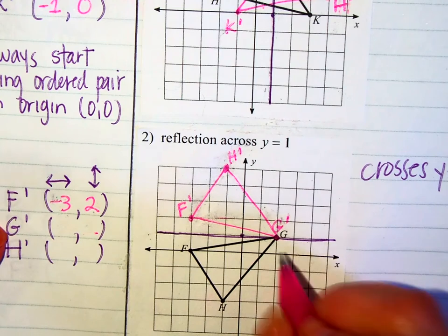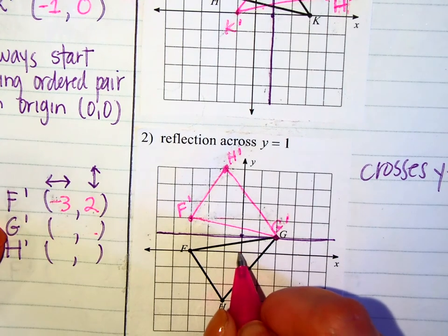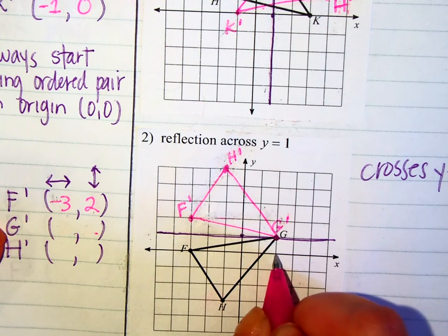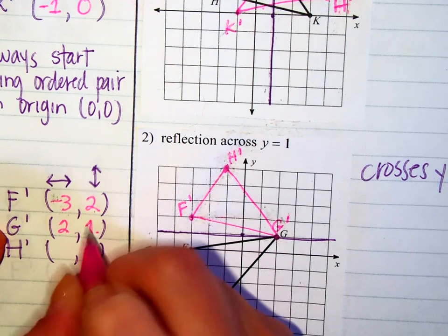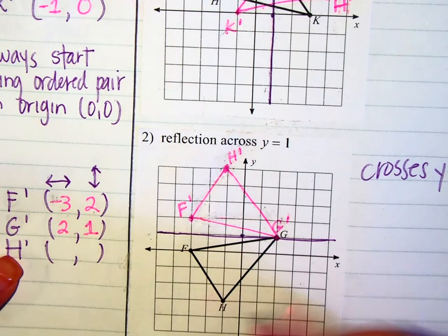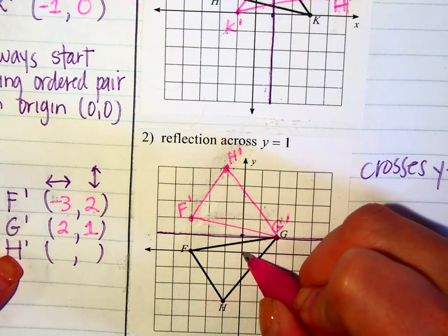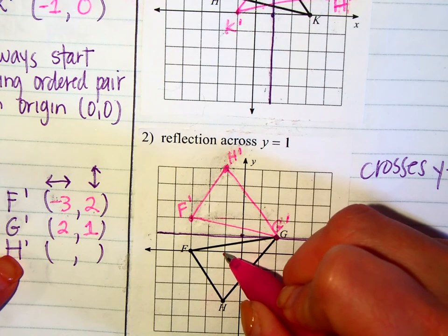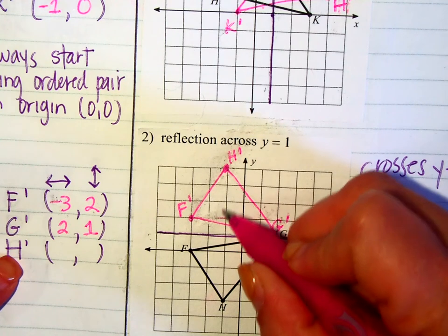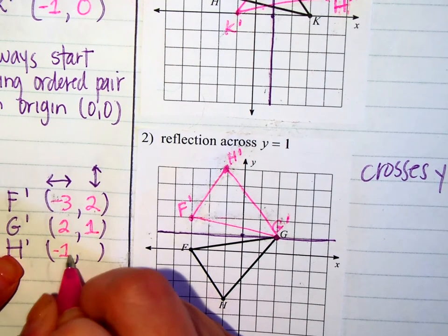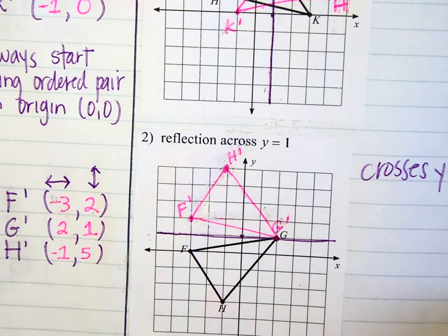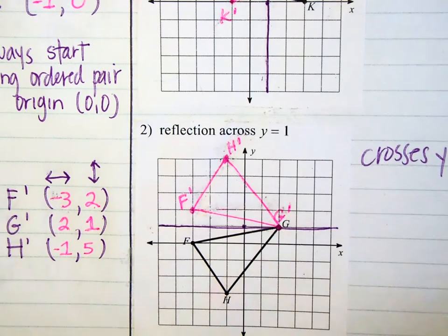For G prime, the origin is here, and I have to travel 1, 2 to the right, and 1 up. So 2 to the right, 1 up. And then for H prime, from the origin, I'm going to travel 1 to the left, and then 1, 2, 3, 4, and 5 up. 1 to the left, and up 5. Okay? So that's how we write our coordinates.